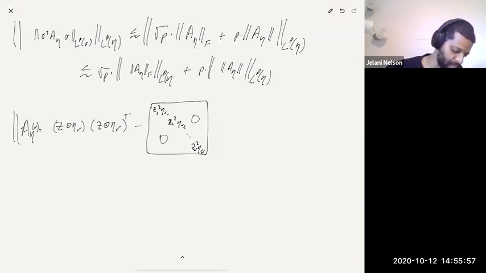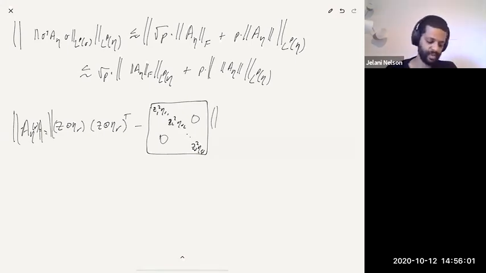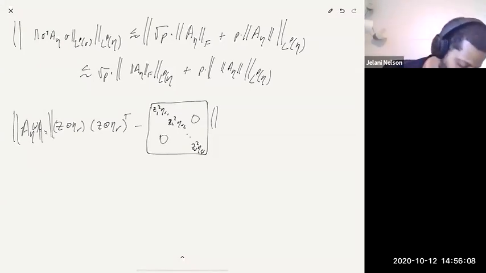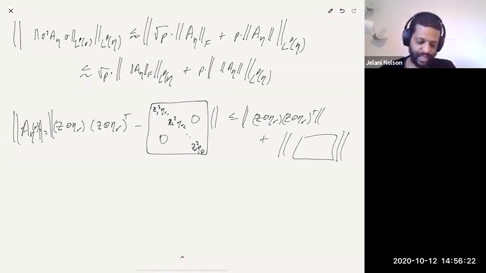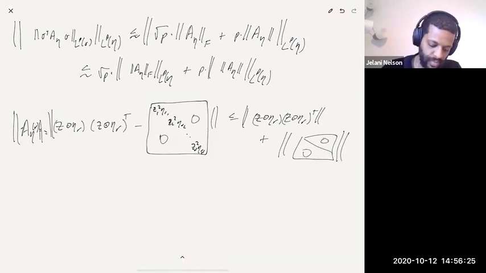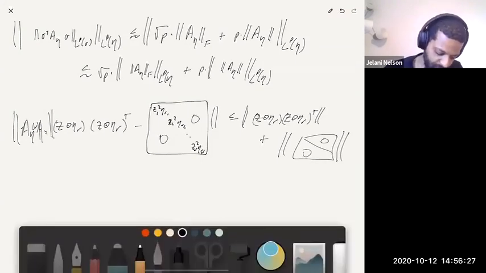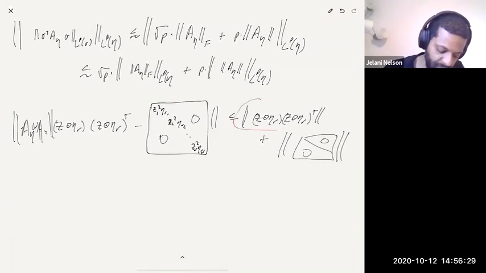So the operator norm is the operator norm of this, which you could bound with the triangle inequality. You could even save a factor of 2 by doing something slightly fancier, but let's use the triangle inequality. By the triangle inequality, this is at most the operator norm of Z dotty thing eta R times its transpose, plus the operator norm of this diagonal matrix. When we proved JL before, we ran into something like this.